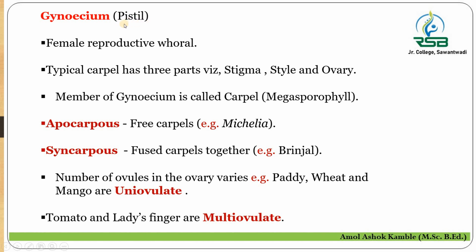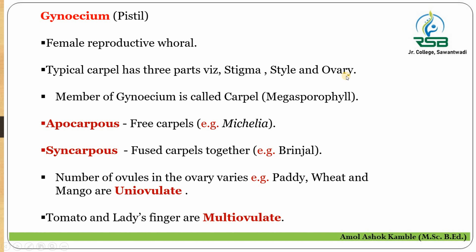And this female reproductive structure, the gynoecium, consists of three parts, namely stigma, style, and the most important feature here, the ovary. So these are the three parts in the gynoecium: stigma, style, and ovary.